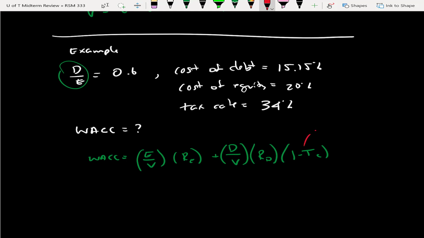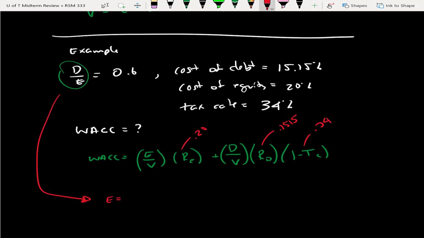And we know the tax rate is 0.34. Cost of debt is 0.1515. Cost of equity is 0.2. So we don't know D and E or any of these things. So let's solve this. We don't need to know the dollar value if I know the ratio.